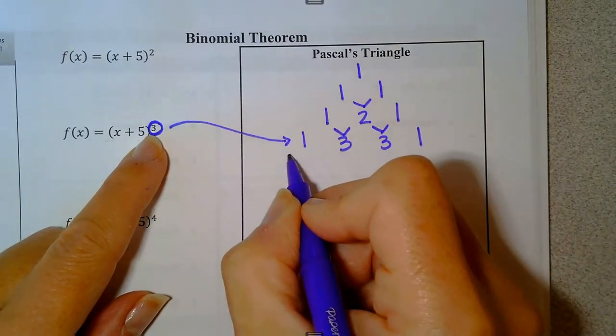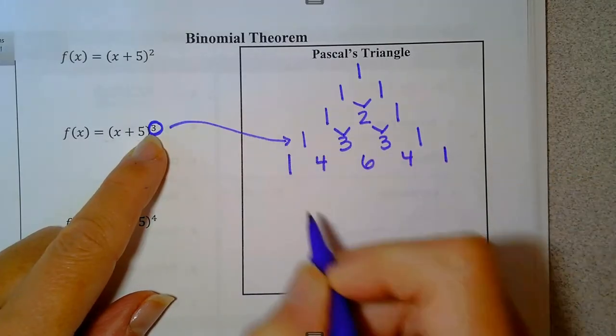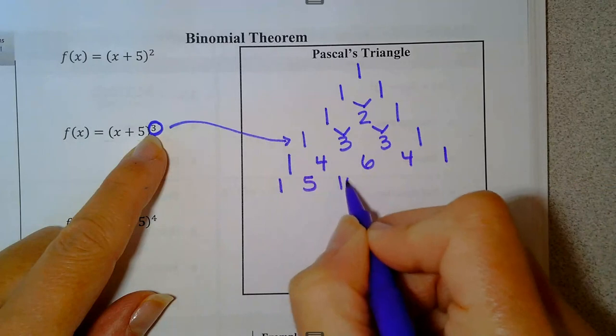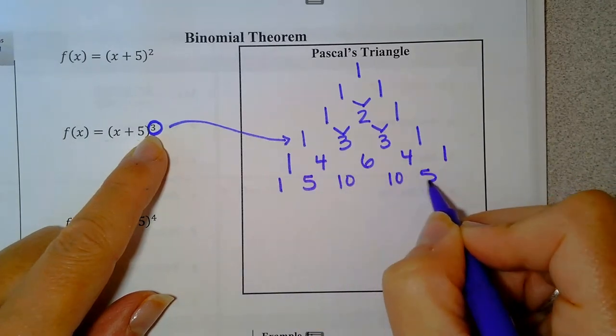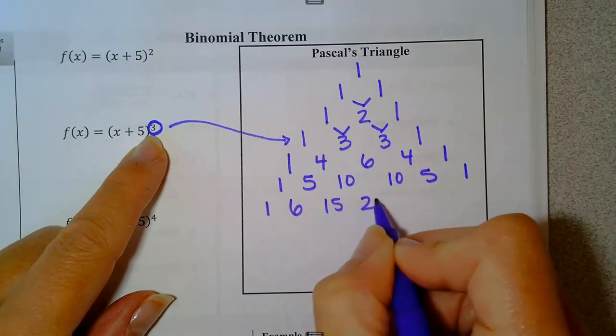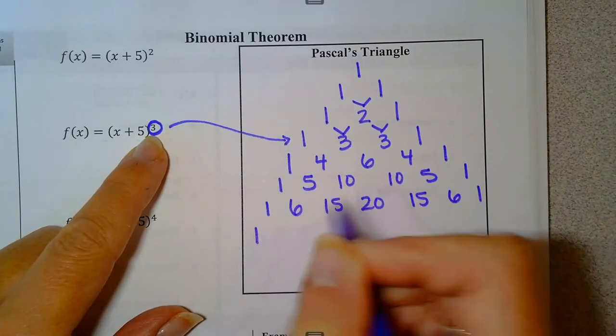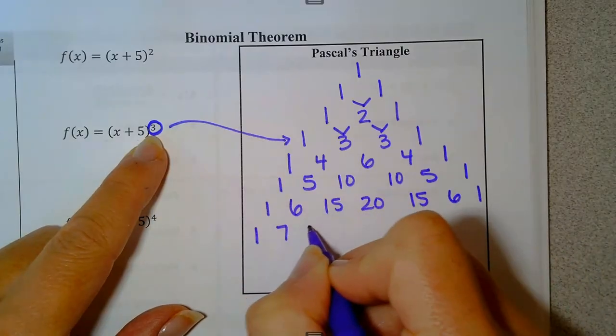Okay? So then it's going to go 1, 4, 6, 4, 1, 1, 5, 10, 10, 5, 1, 1, 6, 15, 20, 15, 6, 1. I think there's a 7 on the back, maybe an 8.